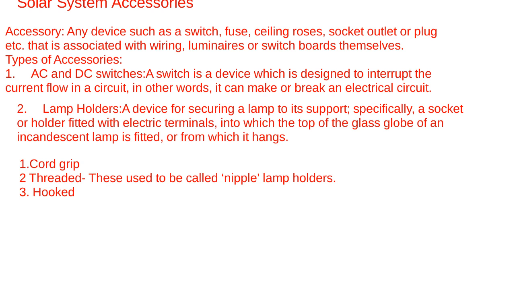This type of holders still also have a cord grip, the chain that secures the lamp holder, but there needs to be a device for stopping the supply cable from being pulled out. So the choice of the options depend on how you want to hang your bulb, your lamp holder, and the type of load that you have.